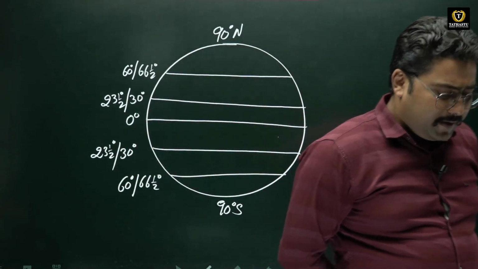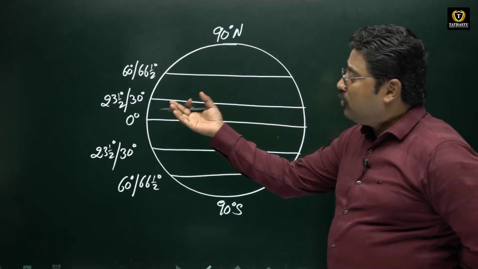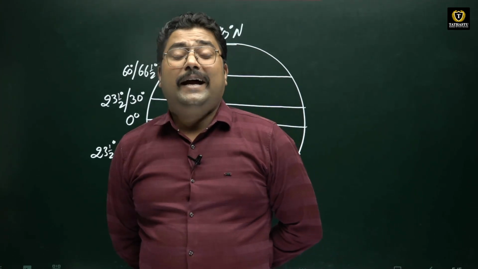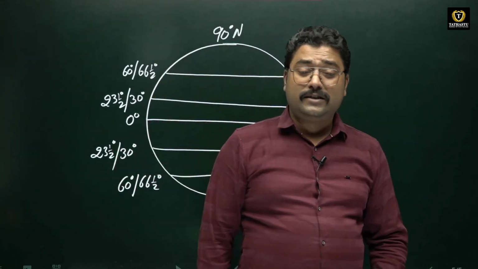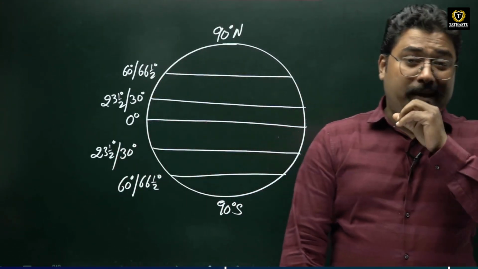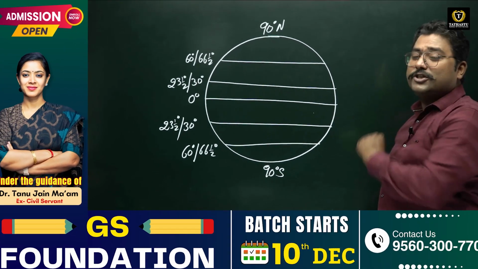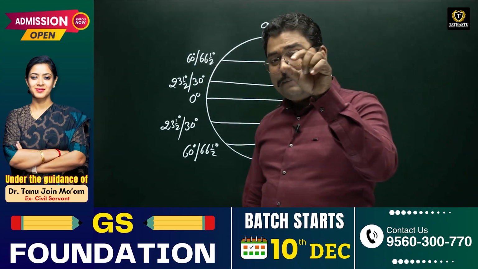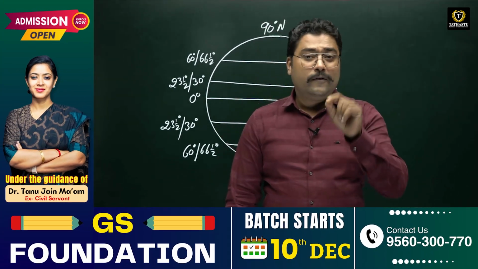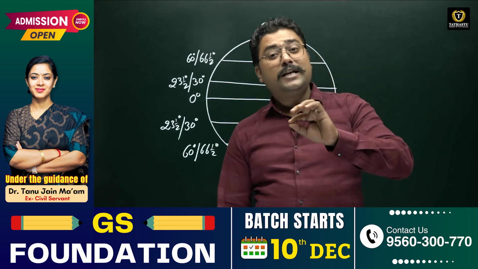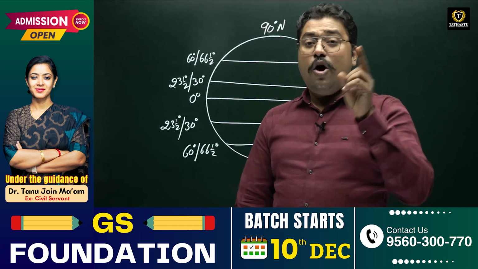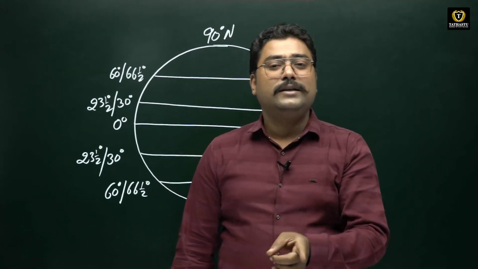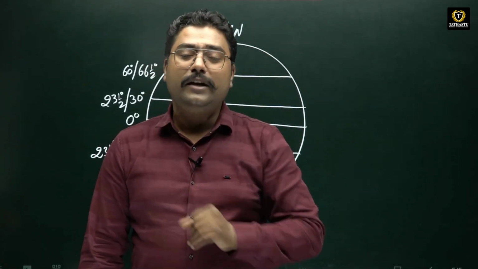You might be wondering that here, sir, you have written 23.5 and 30 degrees, 60 and 66.5. So basically 23.5 and 66.5 are the exact parts from where the sun rays become horizontal in nature, or till where the sun rays are perfectly vertical in nature.